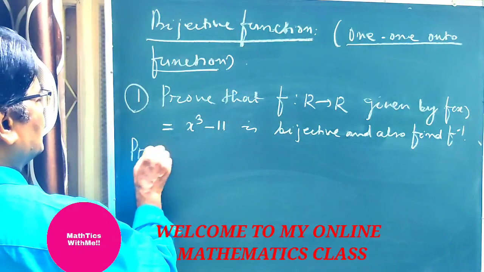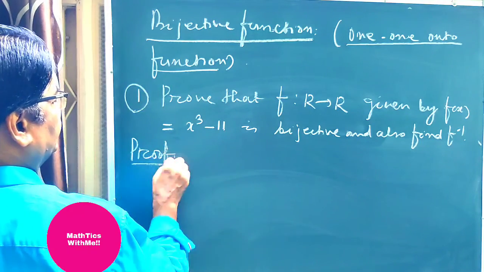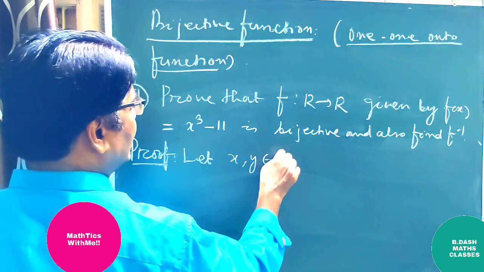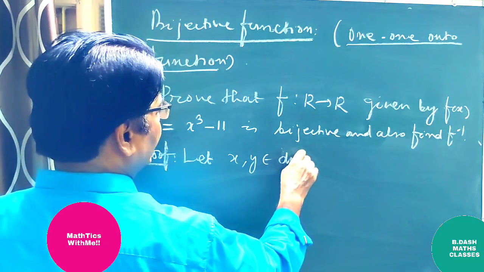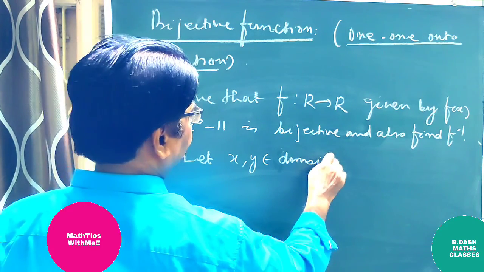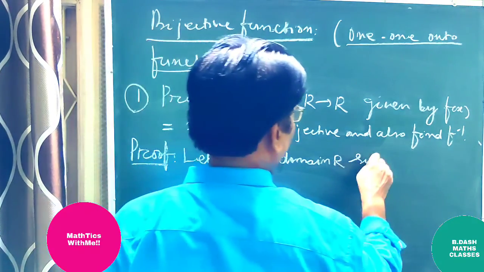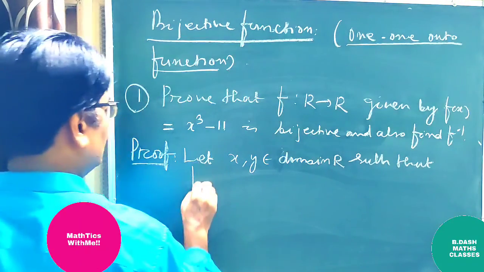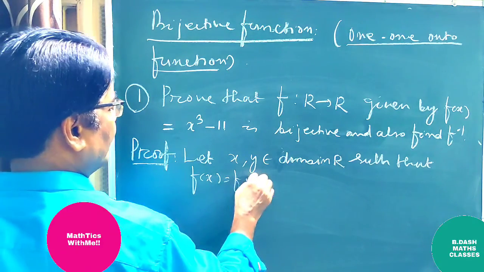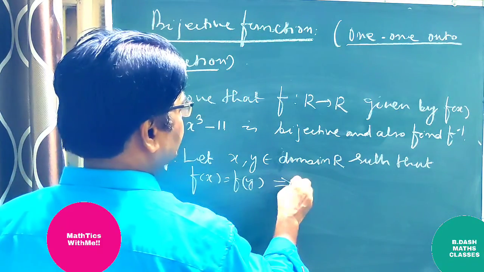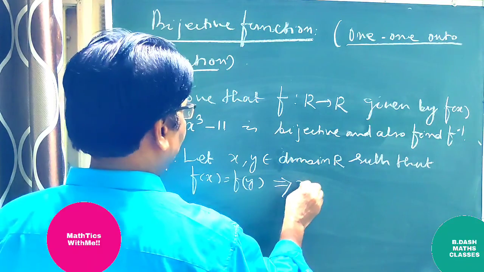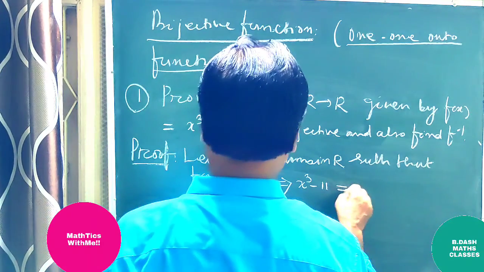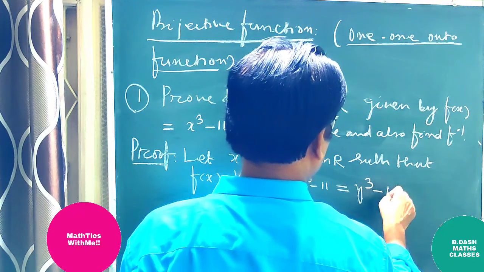Now let us start to prove this. Let x, y belong to domain R such that f(x) is equal to f(y). So this implies x cube minus 11 is equal to y cube minus 11.